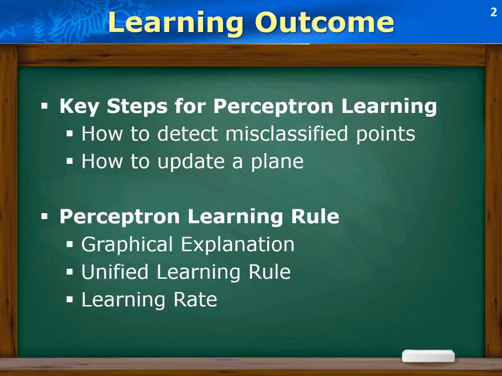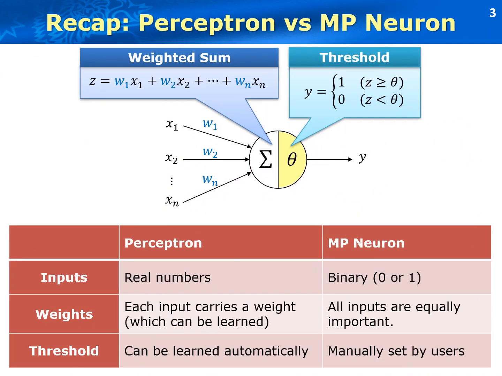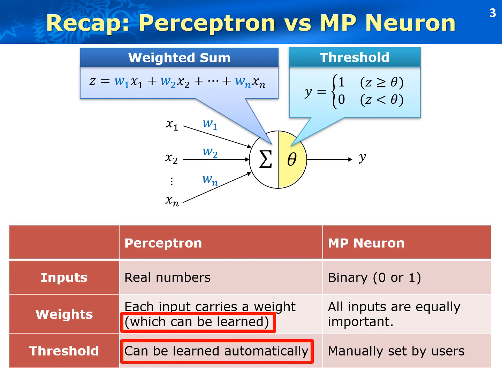In the last session, we learned the computational modeling of the perceptron and showed its superiority over the MP neuron in 3 aspects. In this session, we will concentrate on the last advantage of the perceptron, that is, its learning ability to update the weights and threshold values automatically.